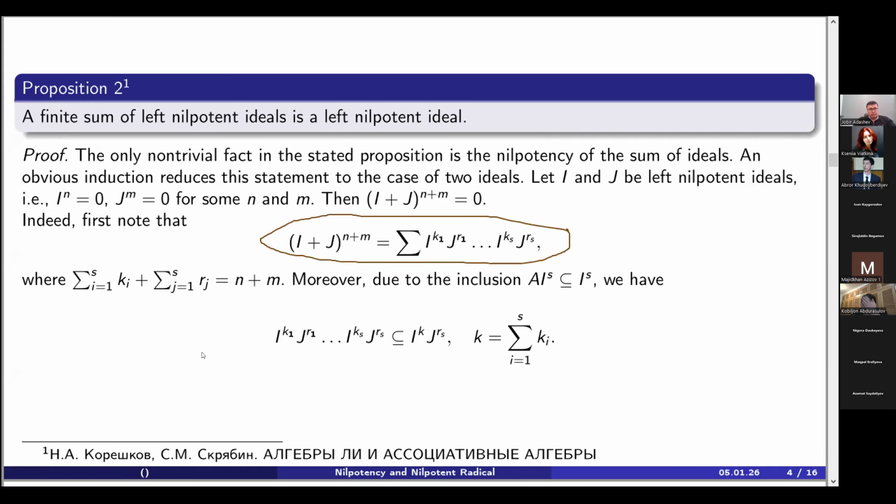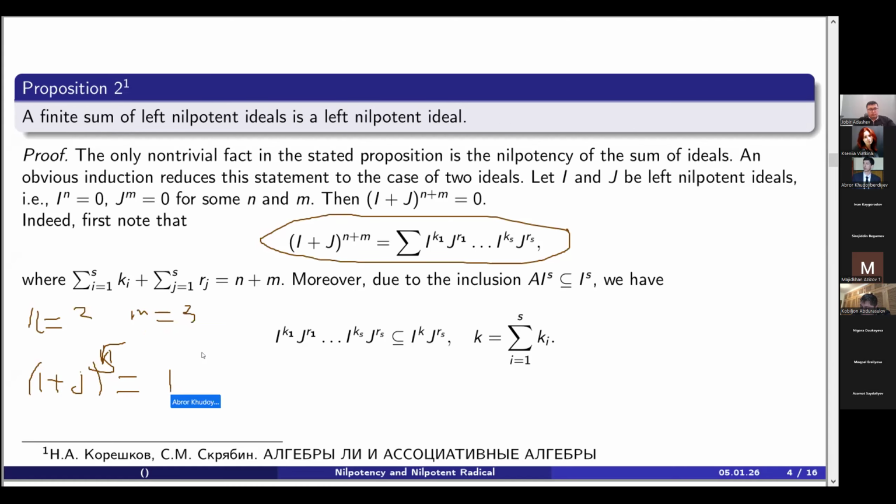I^n J^m is a subset of I^n. Now, for example, if we consider (I plus J) to the power 5, with n equal to 2 and m equal to 3, what does it mean?